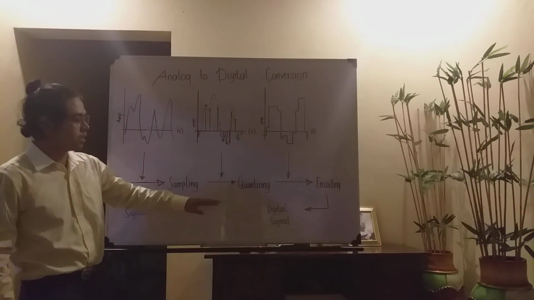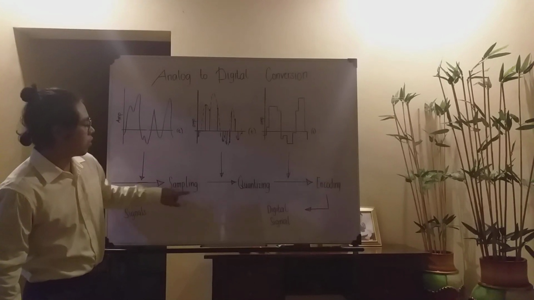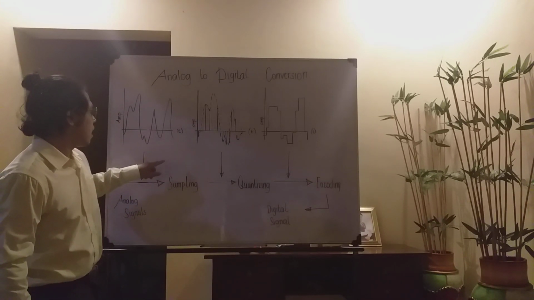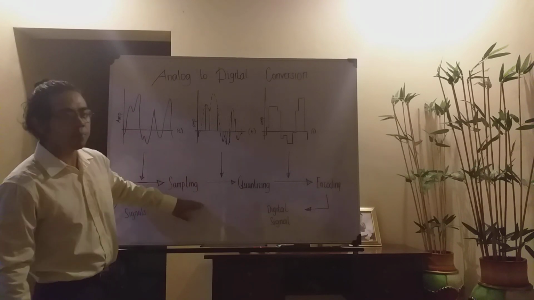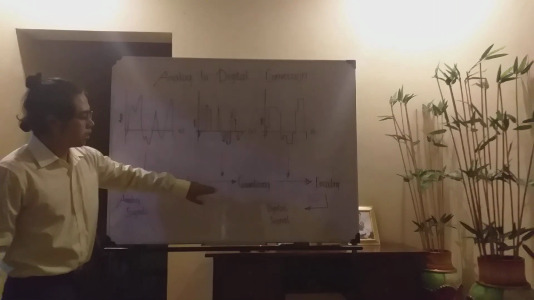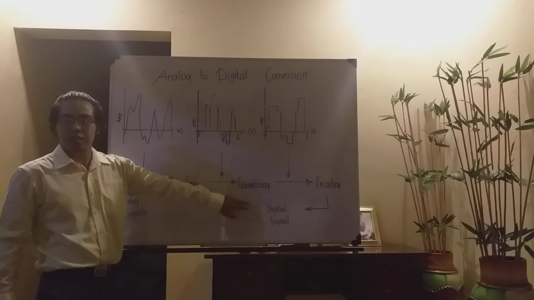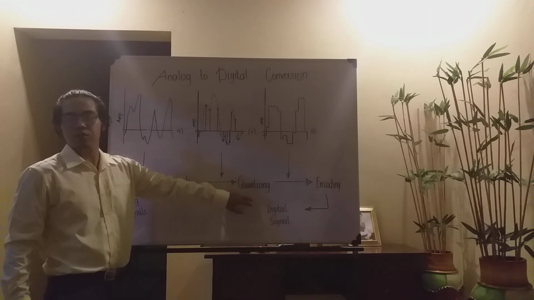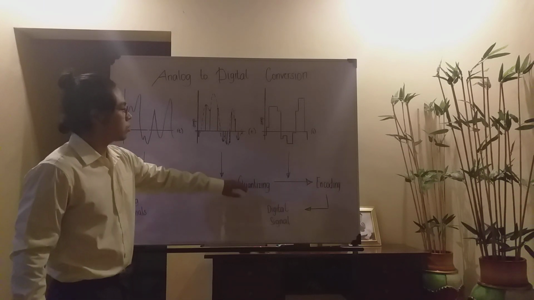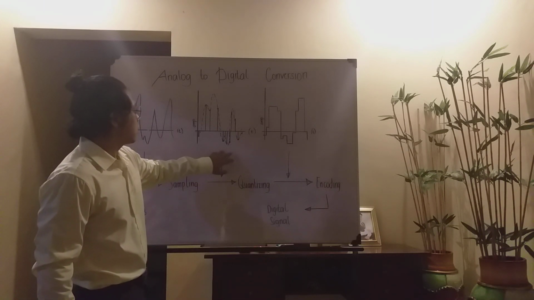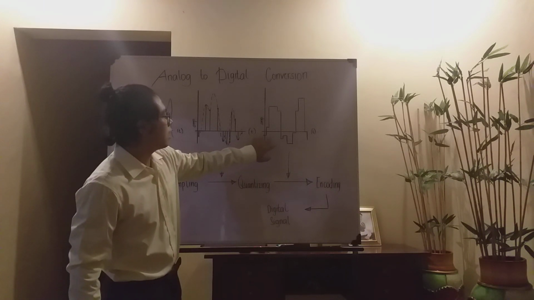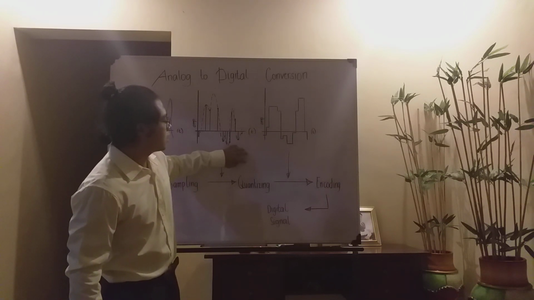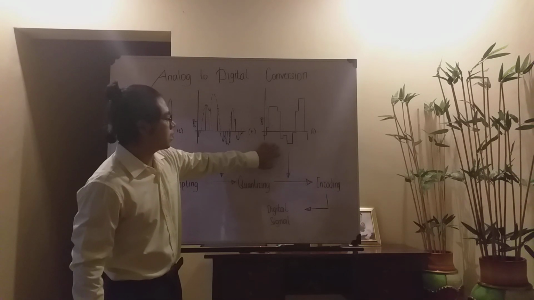Another process is quantizing. After the sampling, the frequency that has been through sampling goes to quantizing, which chooses the amplitude values used for encoding. After going through quantizing, the frequency will look like this.